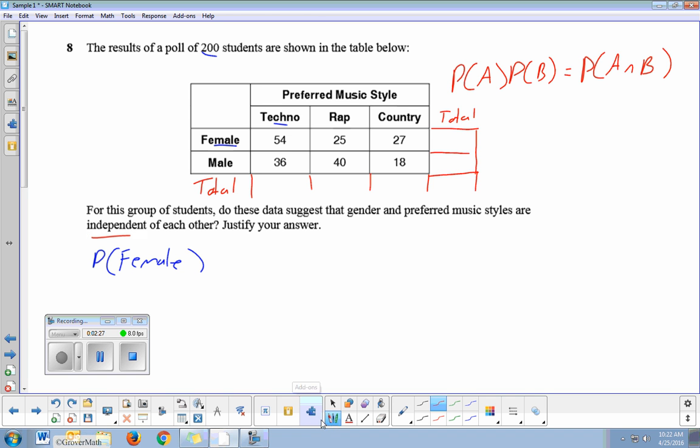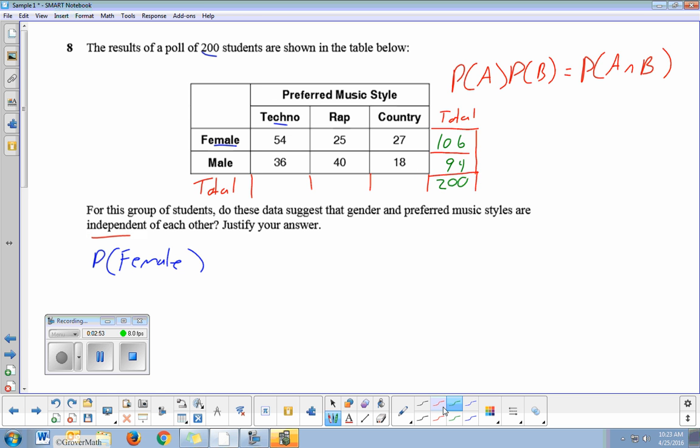So for female, there's 54 that like techno, 25 that like rap, 27 that like country, a total of 106 females. For the males, that means there's going to be 94, because there's a total of 200 students surveyed. But let me double check that: 36 plus 40 plus 18 is 94, so that's good.